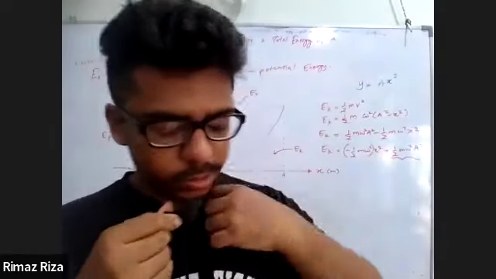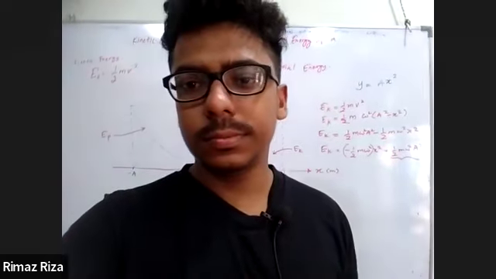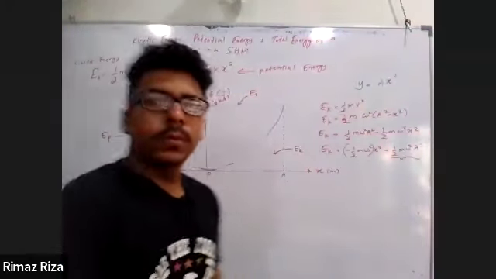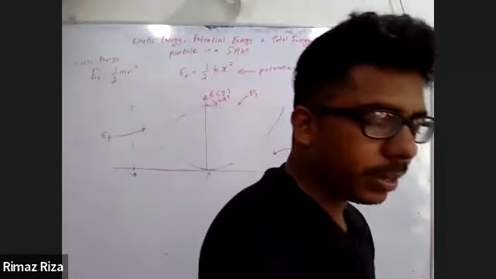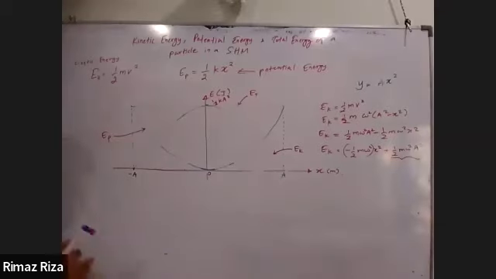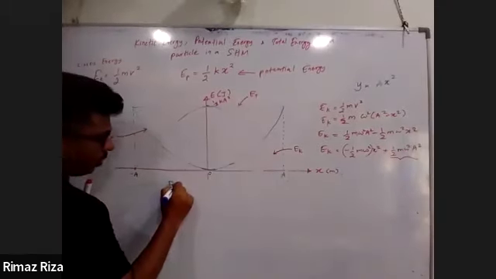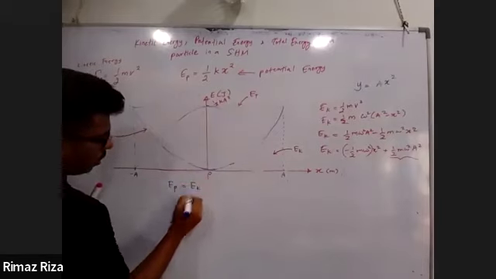All right. Did you get the answers for that? So we want to find the displacement at which the kinetic energy is equal to potential energy. So it's simply EP equals EK.